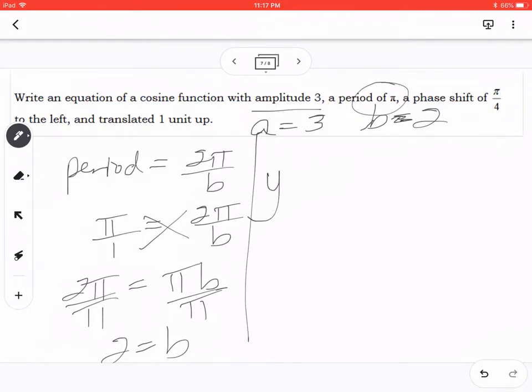We know that we could put y equals, the a value goes in front, it's a cosine function, so the 3 is the a value, the amplitude, it goes in front of the cosine, and then the b value goes in front of x. And now we're also told that there's a phase shift, which is the horizontal change, of pi over 4 radians to the left.